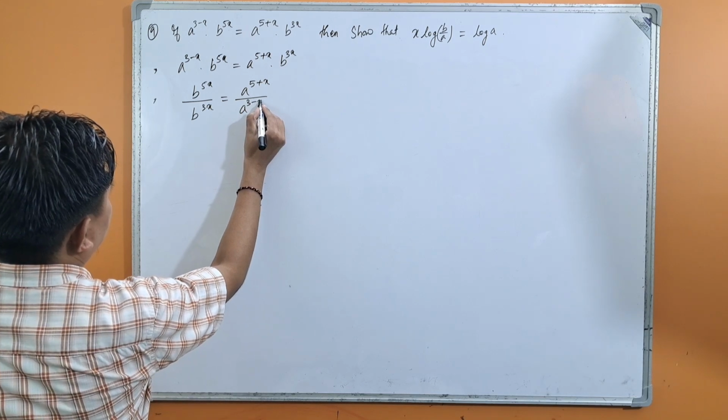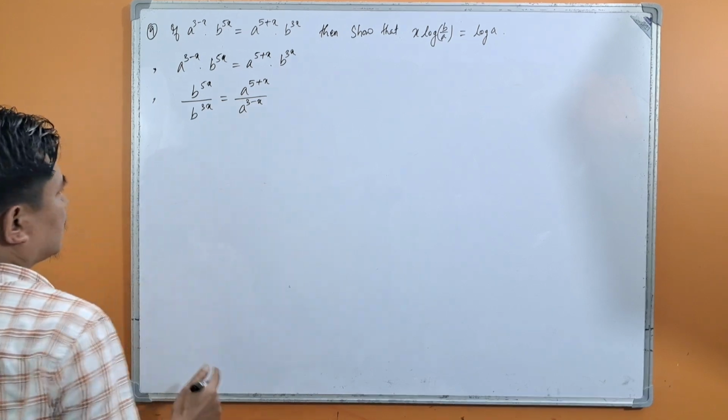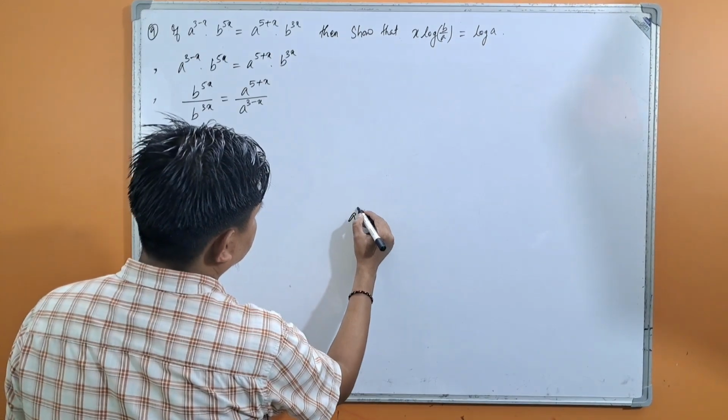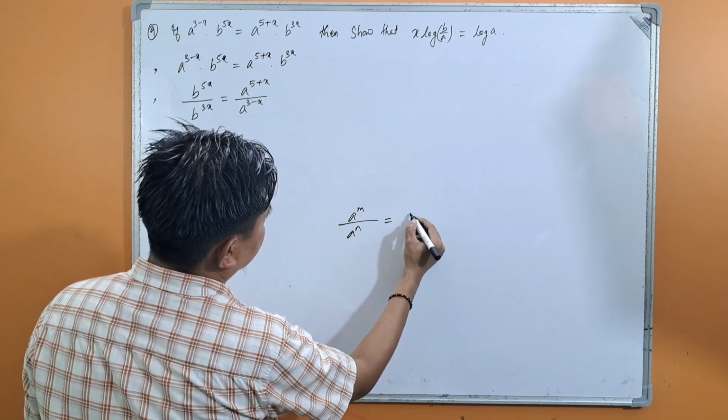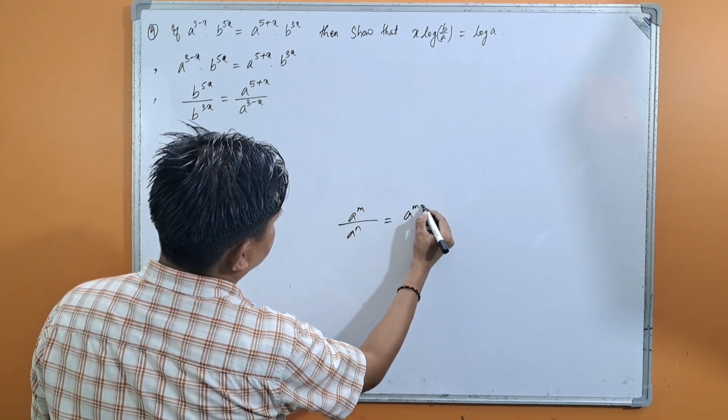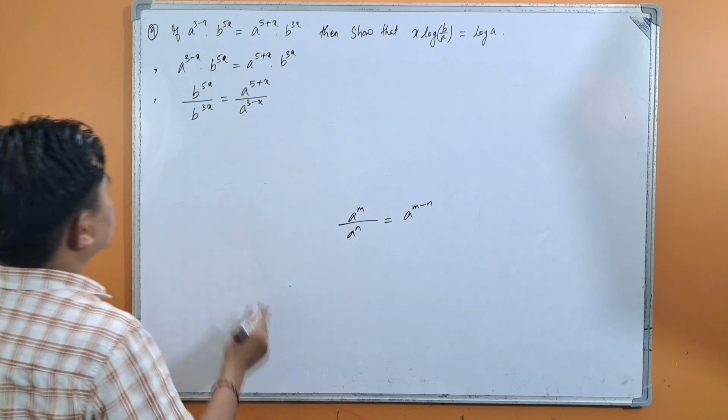Now if we have a to the power m divided by a to the power n in indices, we can write this as a to the power m minus n, isn't it?